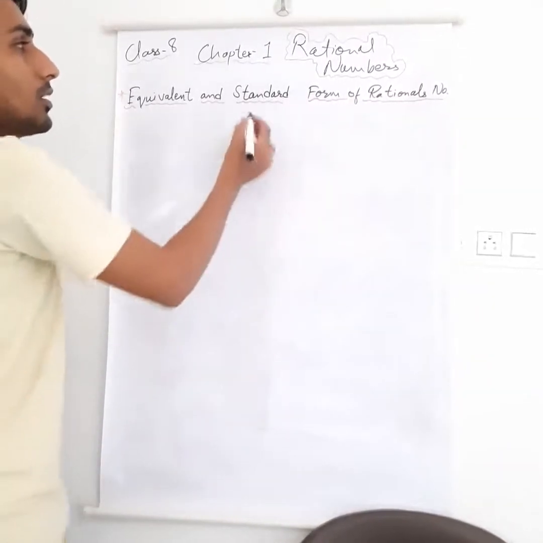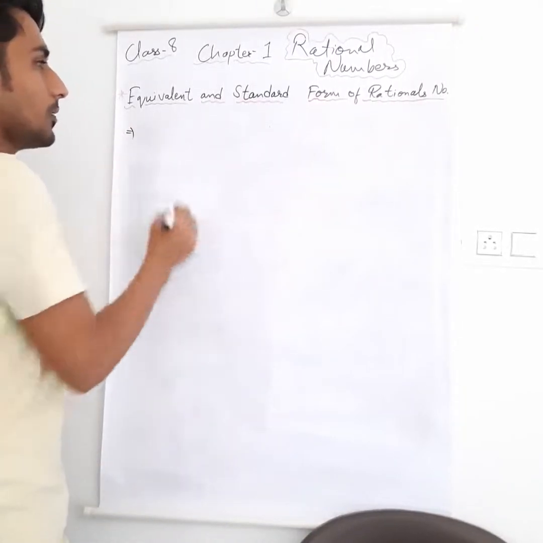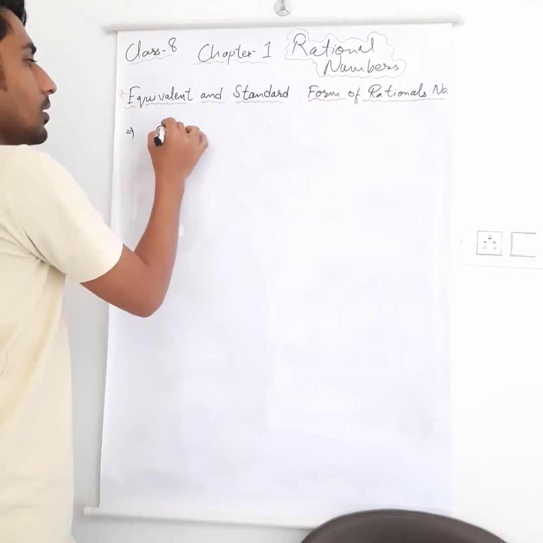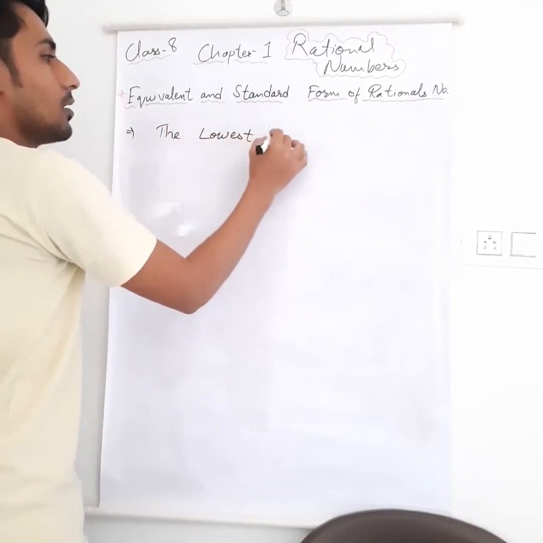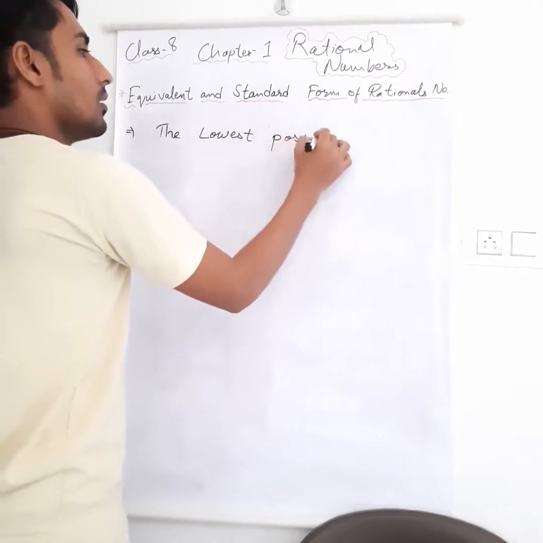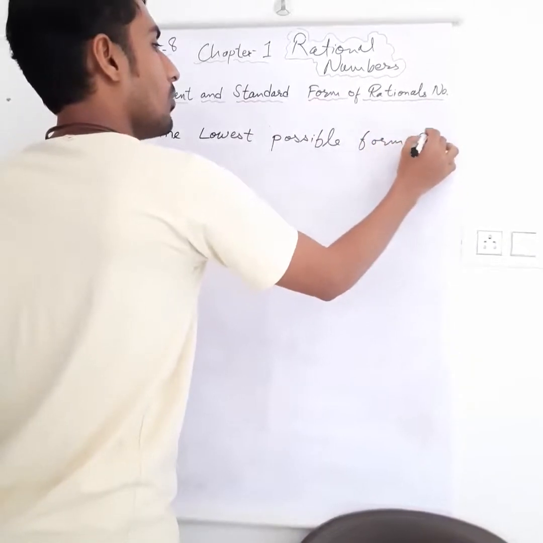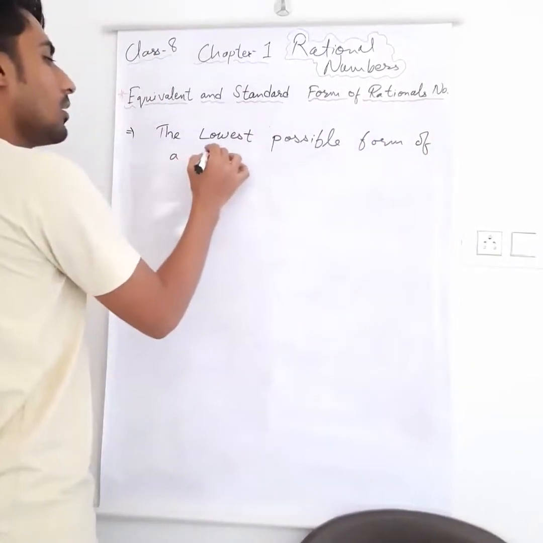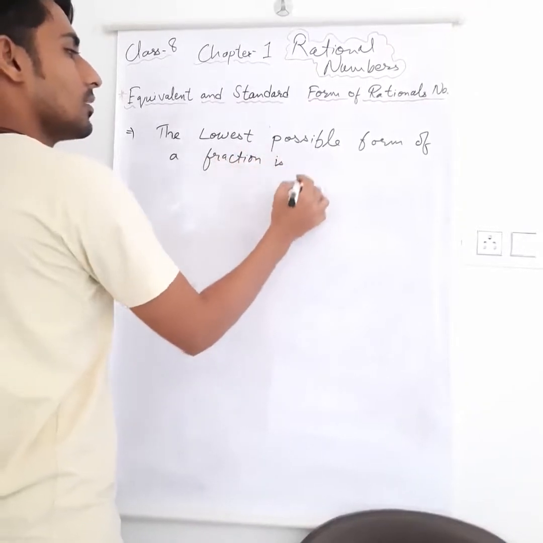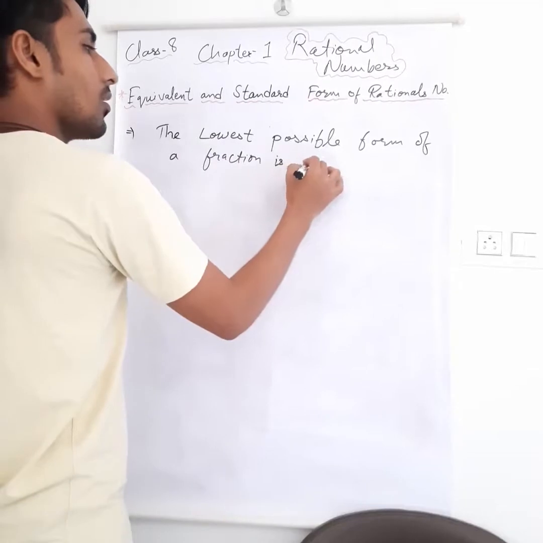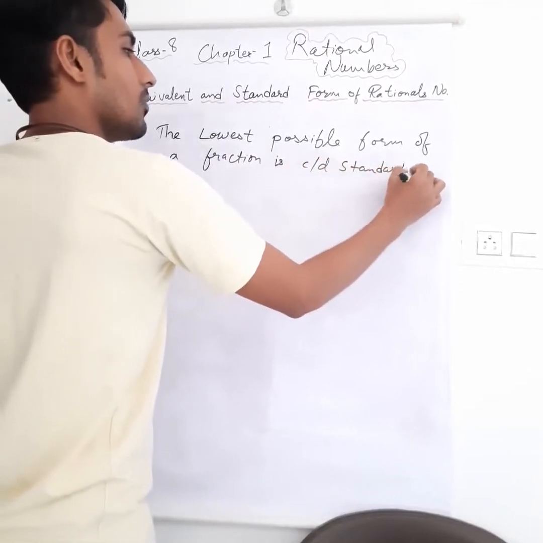Now let's talk about the standard form of a rational number. So what does it say? The lowest possible form of a fraction is called the standard form.